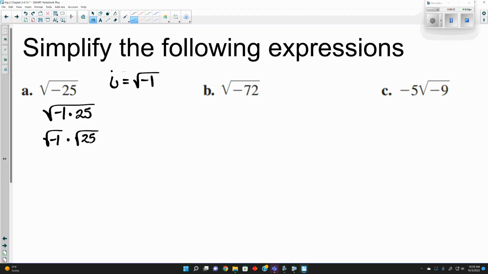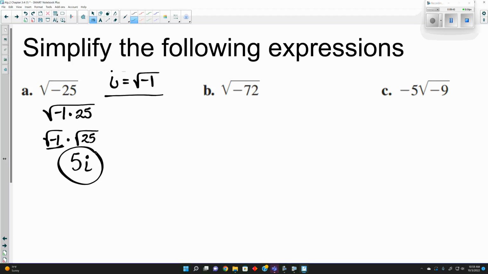Well, we know what the square root of 25 is. It is 5. And what have we defined the square root of negative 1 as? The square root of negative 1 is i. So the square root of negative 25 is 5i.